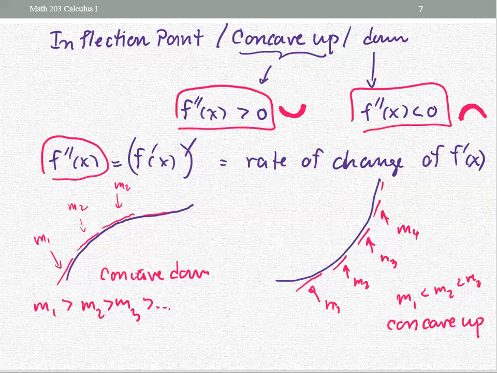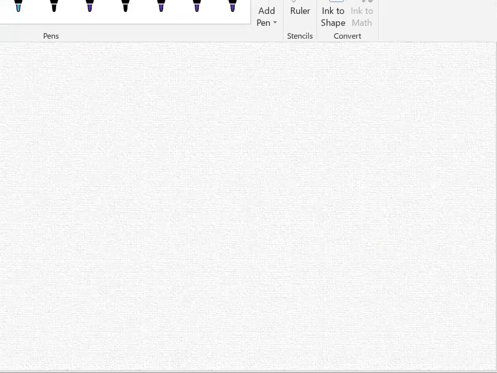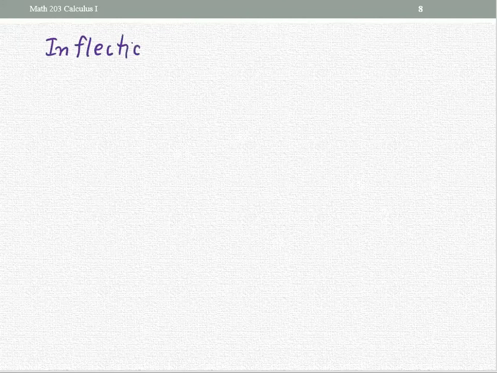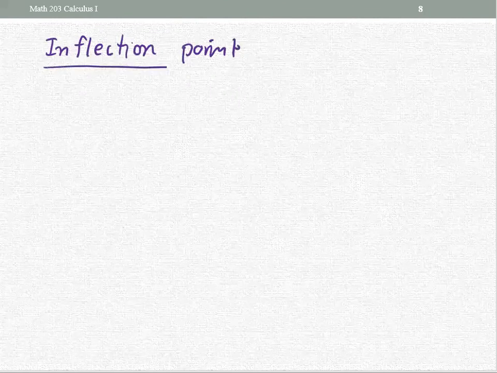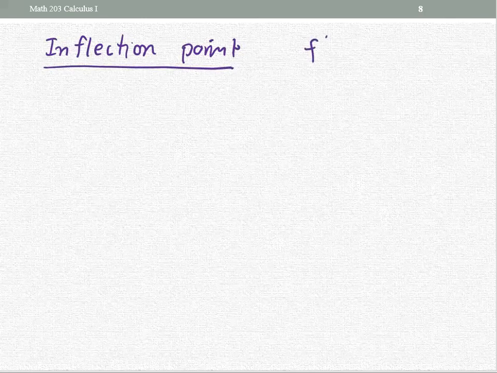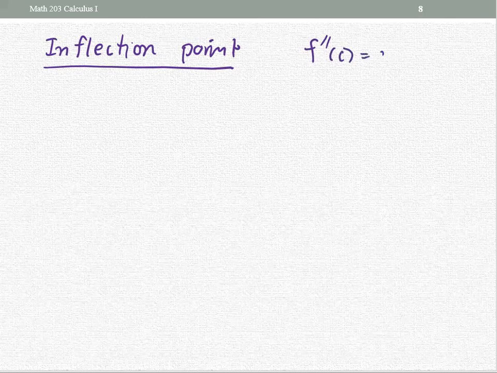All right, the next part is about the inflection point. For the inflection point, you find where f double prime at the point c is 0, or f double prime at point c is undefined.